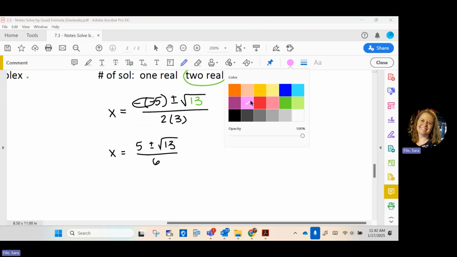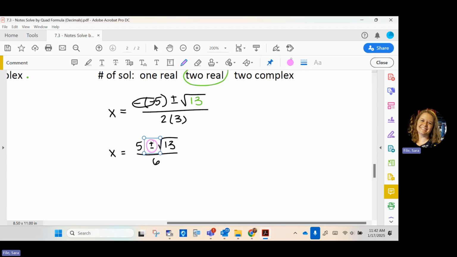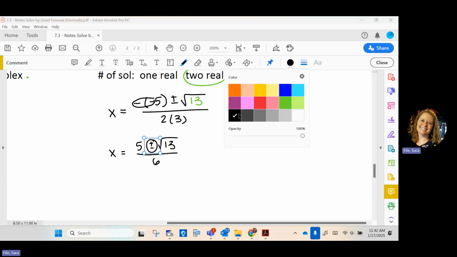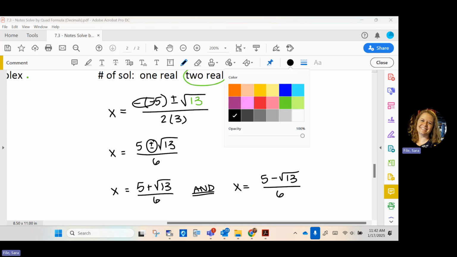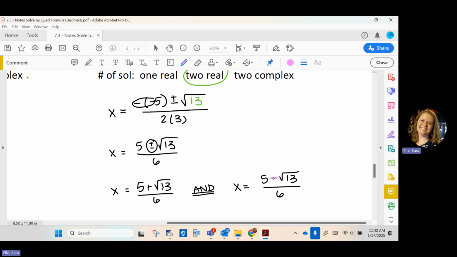So now, again, because of that plus or minus, I've got to separate this. I'm going to have to do a plus and a minus because there are 2 solutions. I should be separating this and solving twice. Again, the difference here is a minus and a plus.